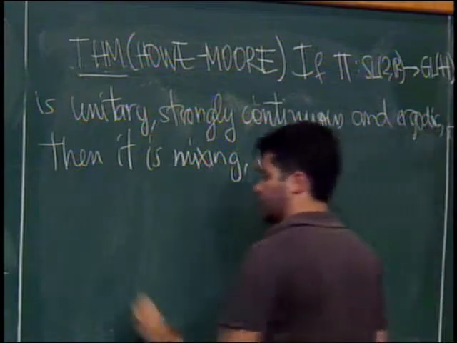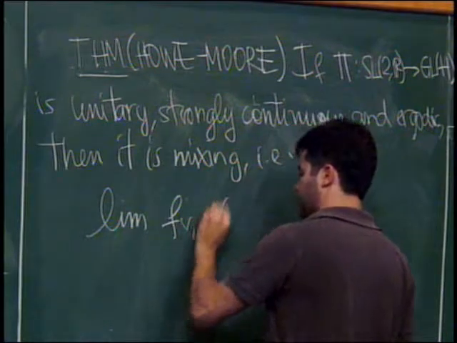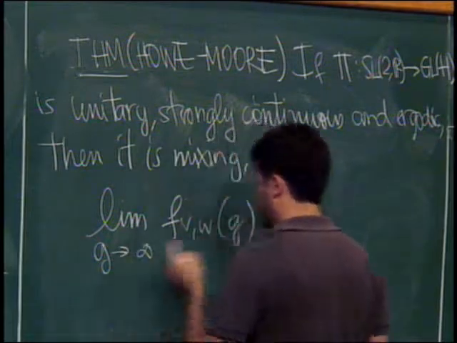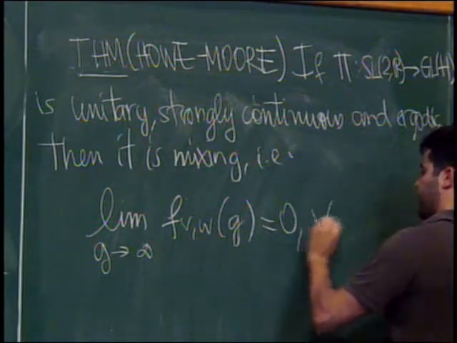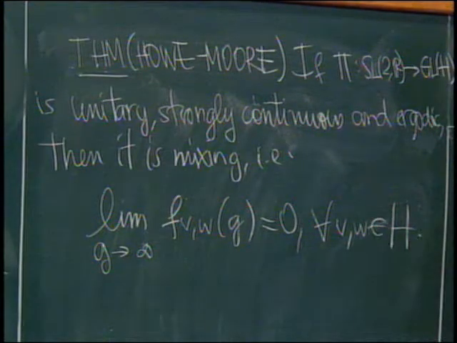That is, the limit of the matrix coefficient <pi(g)v, w> as g goes to infinity in the group G is 0 for every v and w in H. Okay? This is Moore's theorem. And I don't have much time to prove it, so I would prefer to give some idea of the proof, but only tomorrow.